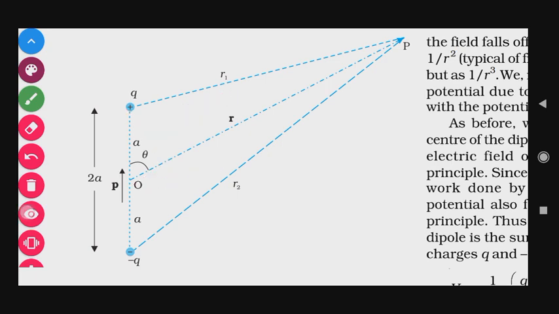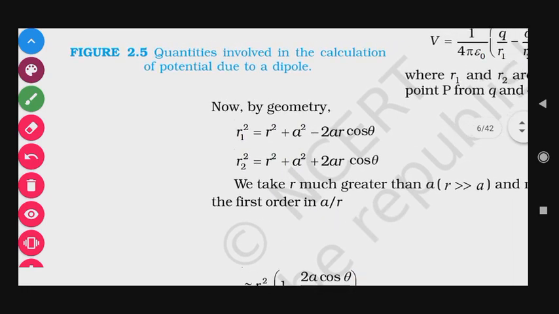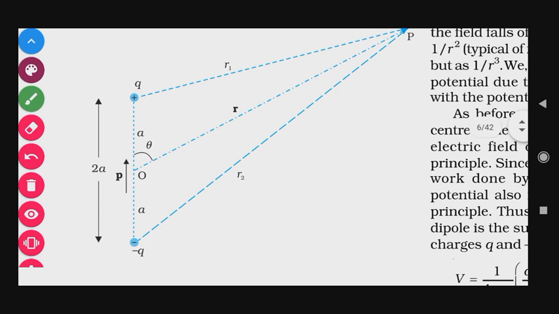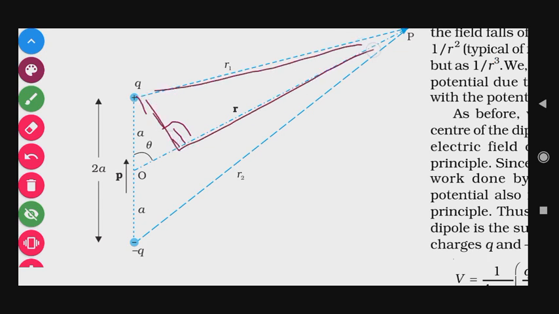Now we'll see here. So what is r1 square? If I take the square, this length is r plus a cos theta, as I told you.